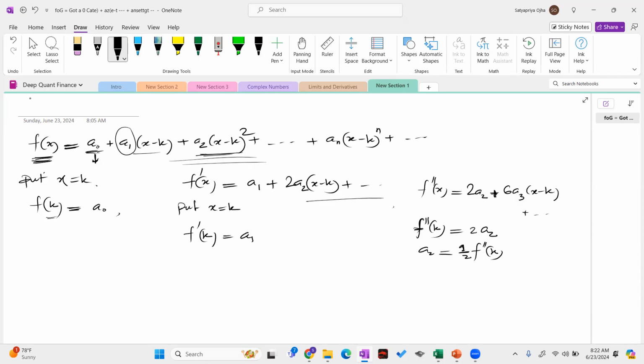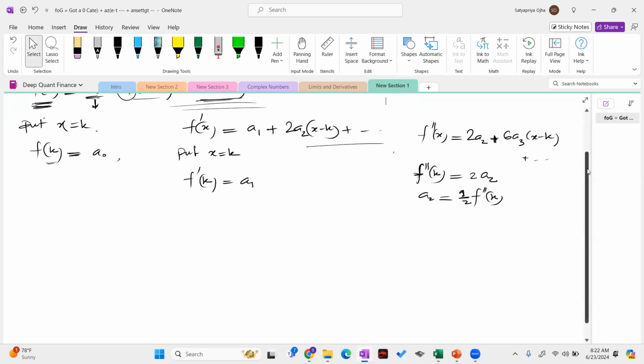How do we find the general expression for this guy, an? So in order to find a2, how many differentiations did I use? Twice. So in order to find an, how many times do I need to differentiate this entire expression? n times, right?